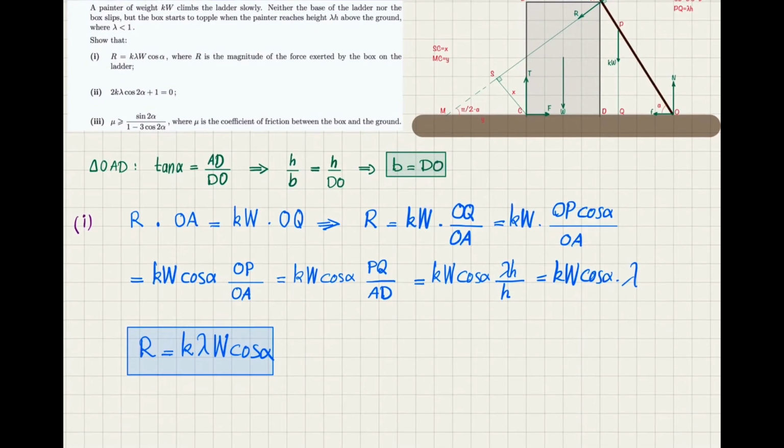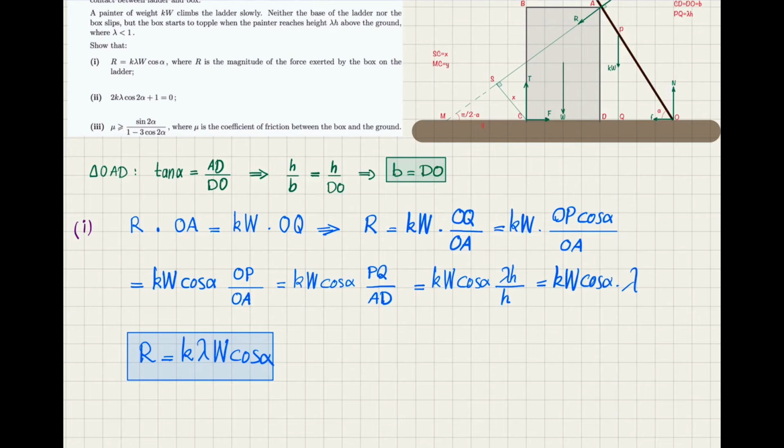Okay, so for the second part of this question, what I can write is the torque of W with respect to C, let us calculate that one. So how should I calculate? I need to multiply the magnitude of the force, which of course is W, by the perpendicular distance from C to the line on which this W lies.